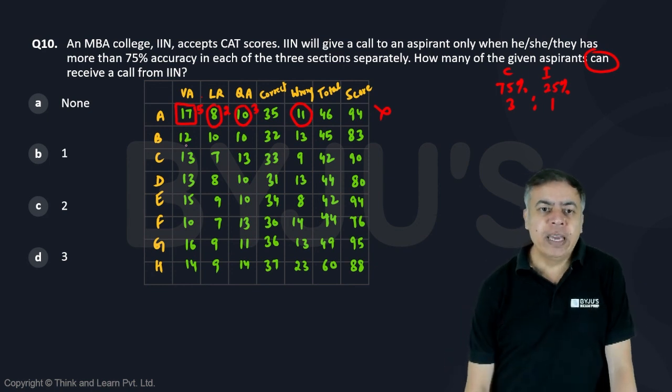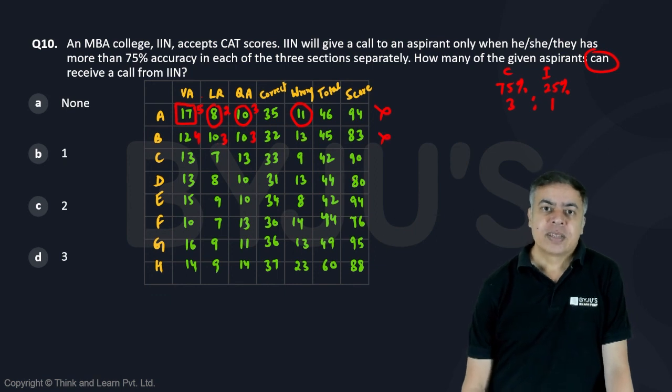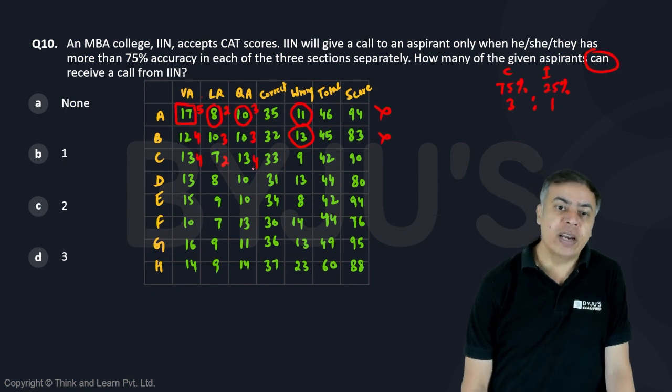So for B, 12 gives 4 incorrect, 10 gives 3 incorrect, 10 gives 3 incorrect. So 4, 3 is 7, 3 is 10. Here you have 13 incorrect, so you cannot have it. For the next, 13 by 3 gives 4 incorrect, 7 by 3 gives 2 incorrect, 13 by 3 gives 4 incorrect, so 4, 2 is 6, 6 and 4 is 10 you can have incorrect.